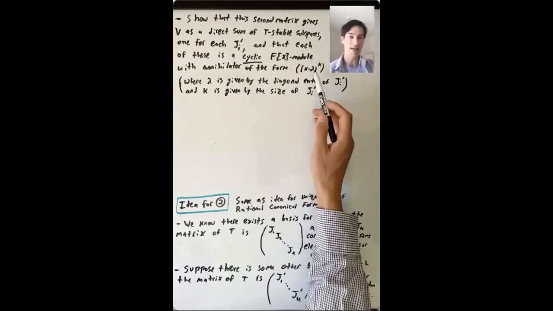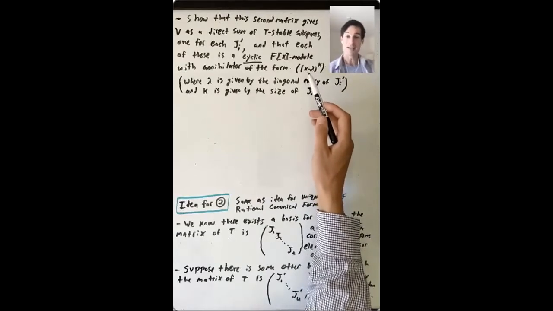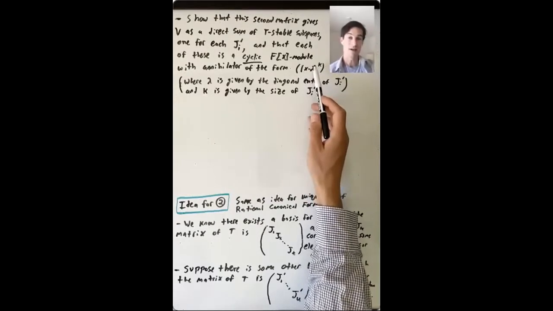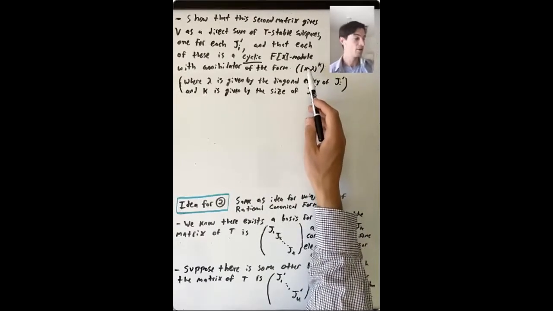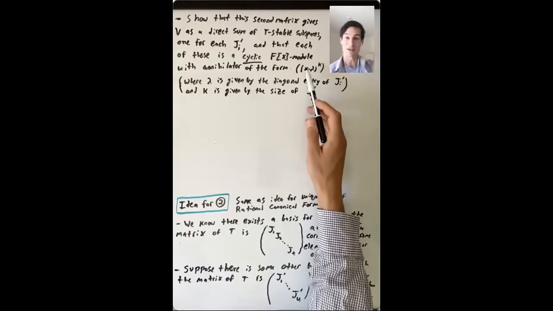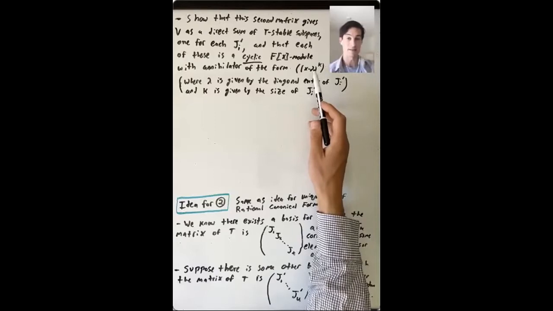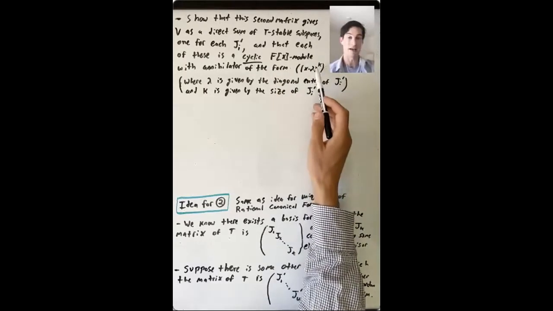For the annihilator, what I found is that in the rational canonical form setting, the easiest thing to do is see that your annihilator gives some linear transformation on this subspace, and you want to show that the linear transformation that gives is the zero linear transformation on that cyclic F[x]-module.